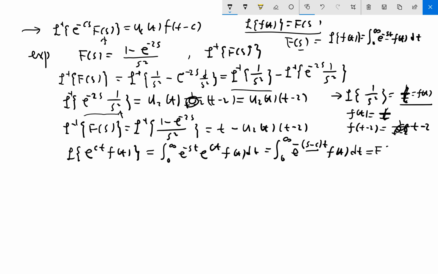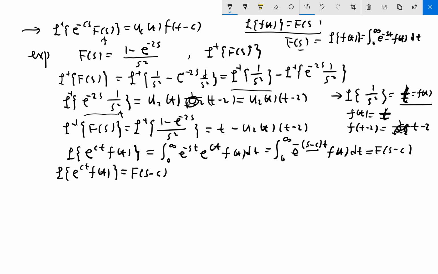So this is F of s minus c. So we learn a formula like this: the Laplace transform of e to the ct ft is equal to capital F of s minus c.